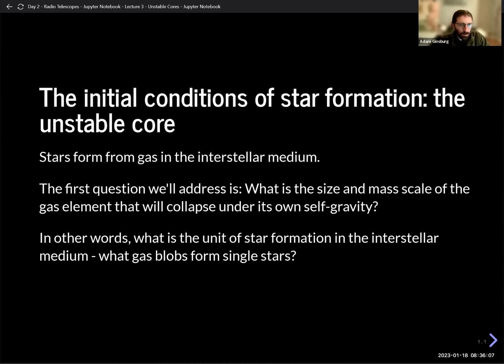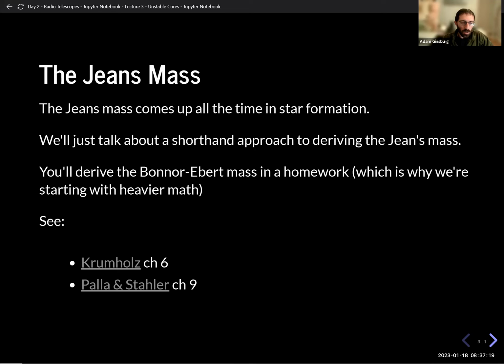When you do the homework, you're going to derive the Bonnor-Ebert mass, which is more self-consistent and takes into account an additional term that I'll talk about later in this lecture. Some good resources are the Krumholz textbook, chapter 6, which basically follows the same derivation and goes into a lot of detail, and Stahler and Palla, the 2004 star formation book, chapter 9, which does the same derivation.